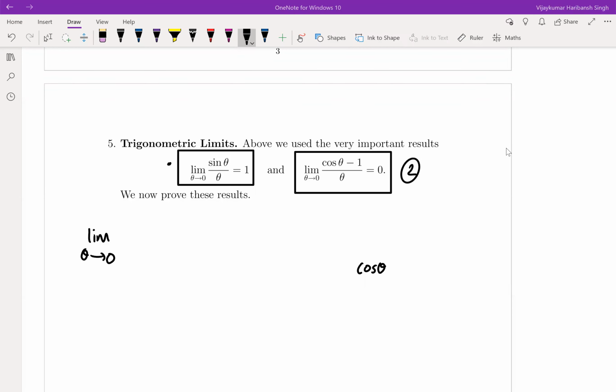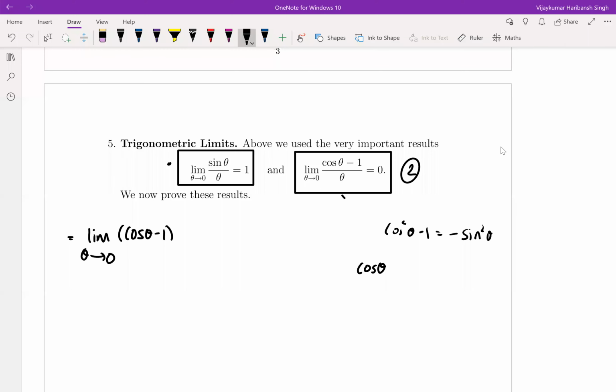Another way is to multiply top and bottom by cos theta plus 1, because we know cos square theta minus 1 is going to be minus sin square theta. So we can exploit that, and we are going to exploit the first one to solve it.